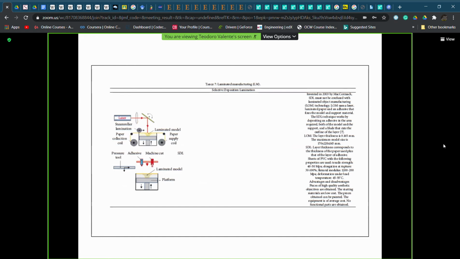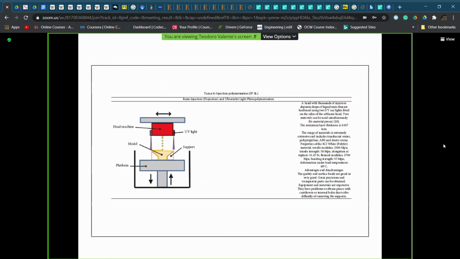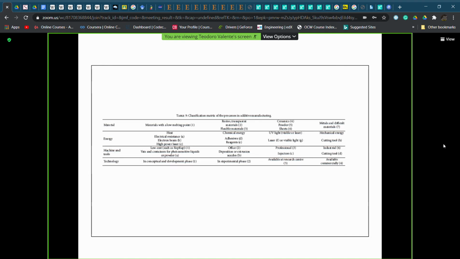Then selective deposition or lamination. We also have other technologies related to polymeric-based materials, such as resin injection and ultraviolet light-assisted photopolymerization of the material itself.